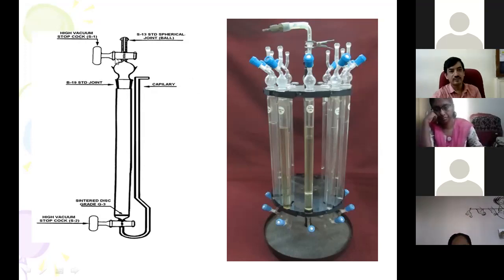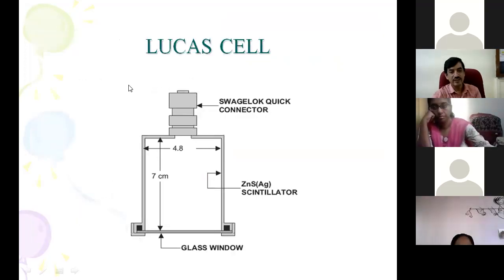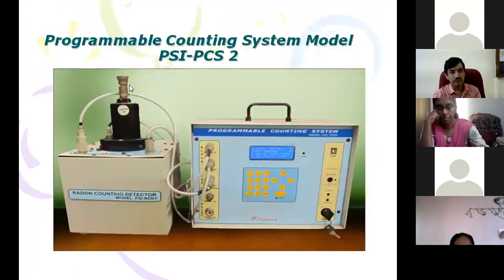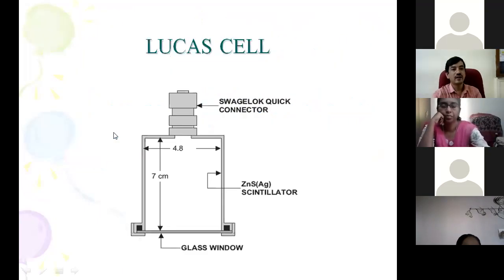We can collect. I'll show another film. This is called the Lucas cell. This is the actual photograph of the Lucas cell. This Lucas cell's internal area is coated with zinc sulfide. We know the properties of alpha.